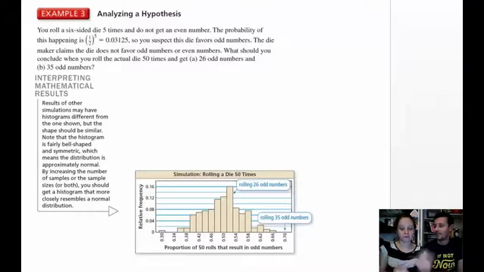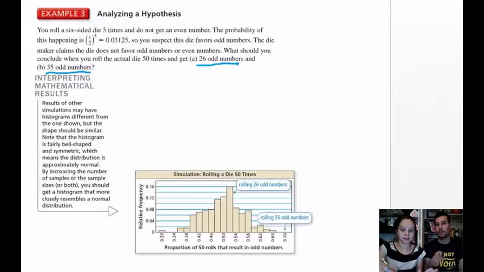So we're going to put those numbers on hold for a minute, in that we're going to analyze a simulation histogram of this event happening many, many times. So rolling a die 50 times, happening 200 times.